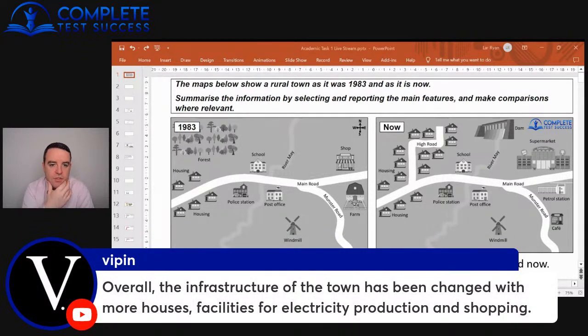Vipin: overall, the infrastructure of the town has been changed with more houses, facilities for electricity production and shopping. Just one moment now. So, yes, I like it. That's good.